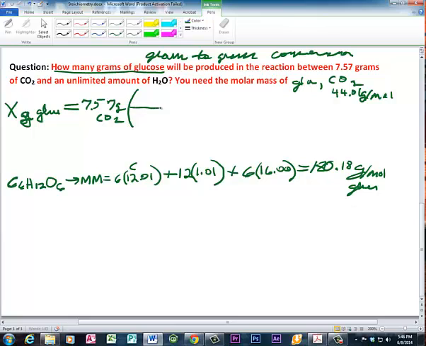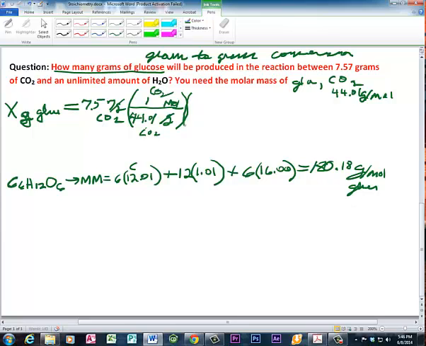We've actually already used that. So we're going to convert grams to moles. How do you convert grams to moles? You divide by the molar mass. 44.01 grams per mole. This is CO2. We've just converted grams of CO2 to moles of CO2. That grams cancels, now we're in moles.